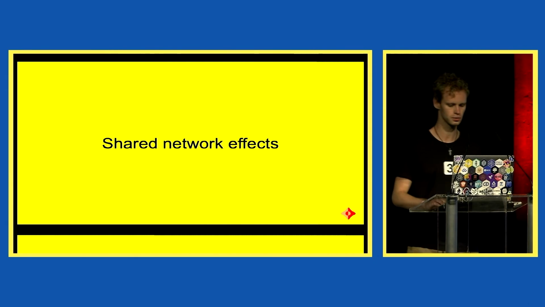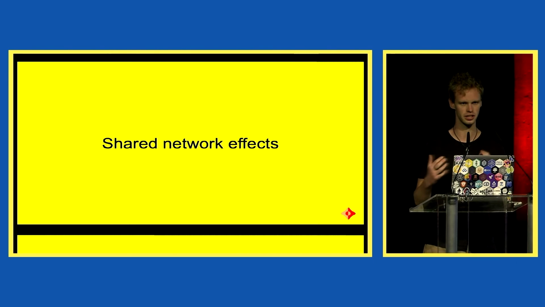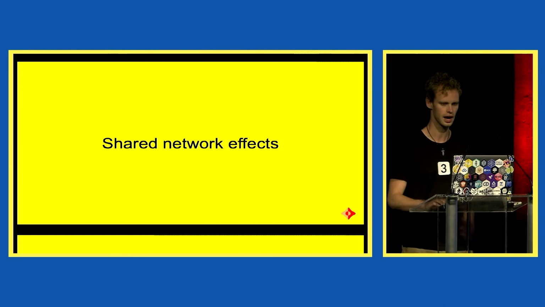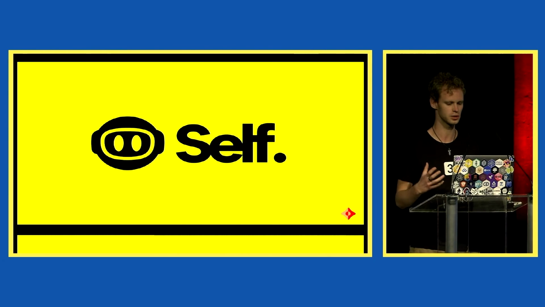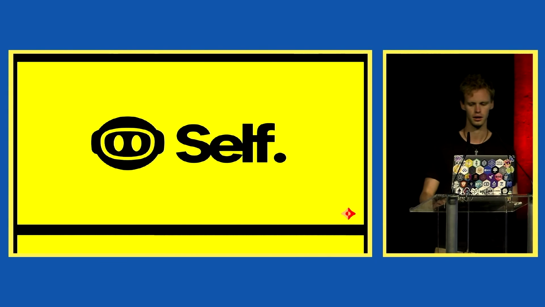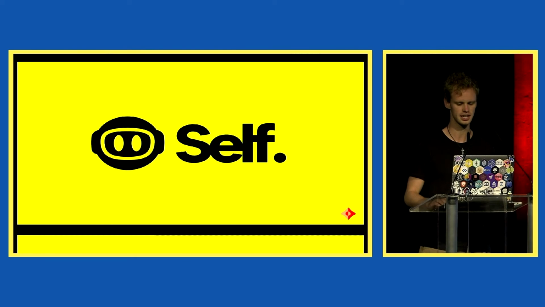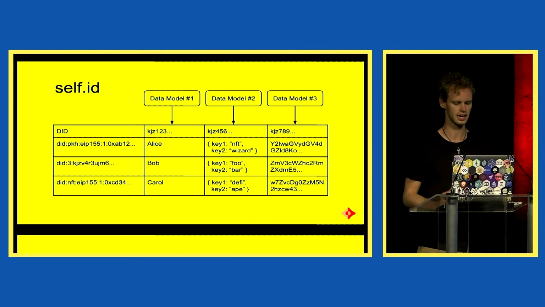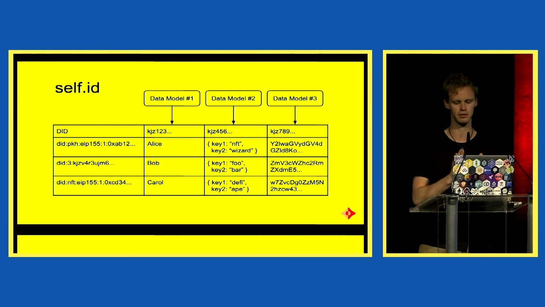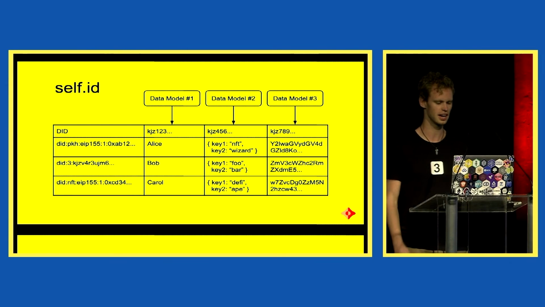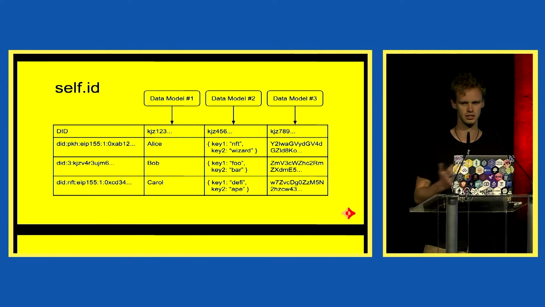Right, and so with the Ceramic Network, we've been working on this type of problem for a while, and we've created a framework to store data in this way called self-ID. You can think about self-ID as a user table. Here we have an ID and a bunch of columns. The ID is something called a DID, a decentralized identifier.